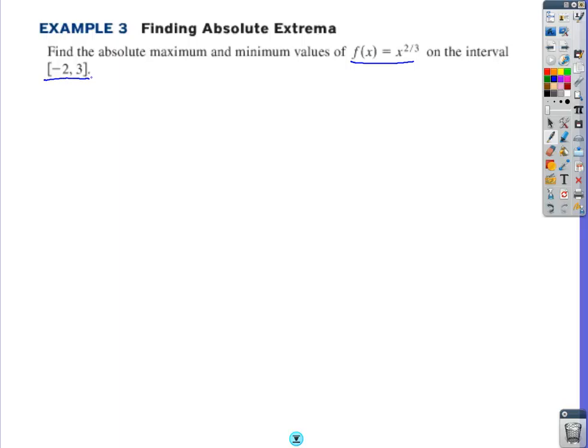If I want to find my absolute extrema, first I have to ask, is this function continuous? Yes. That function is continuous on all reals, so I would say f of x is continuous.